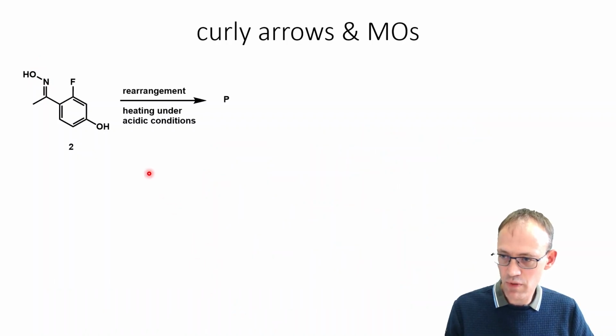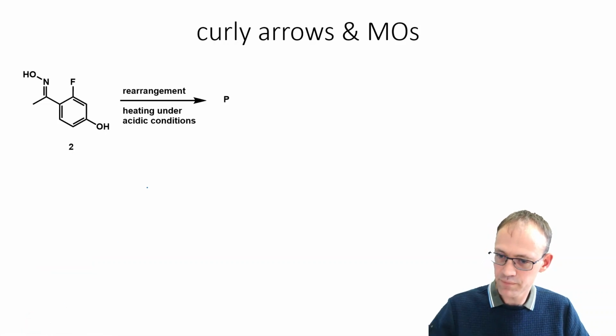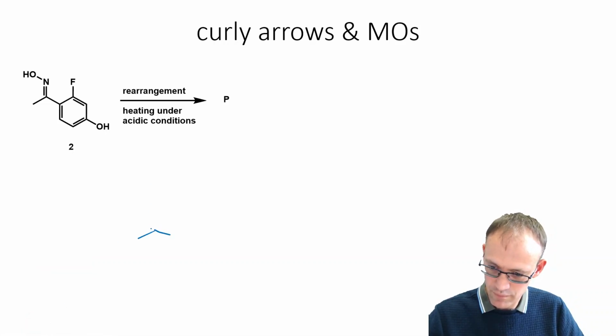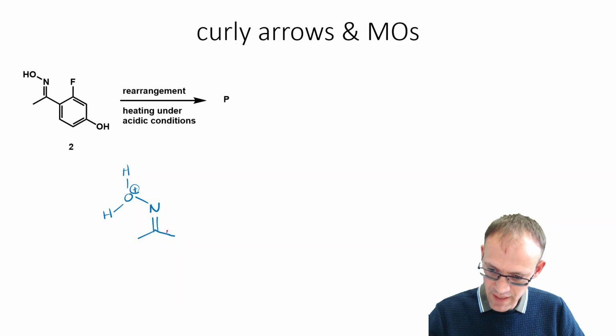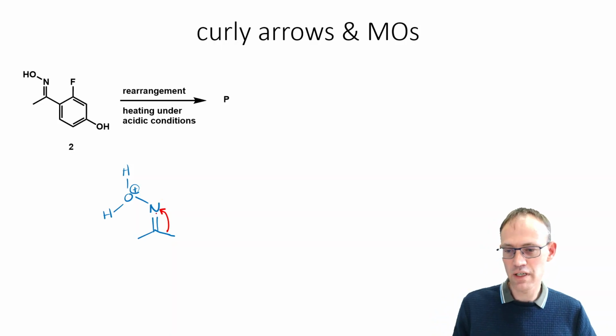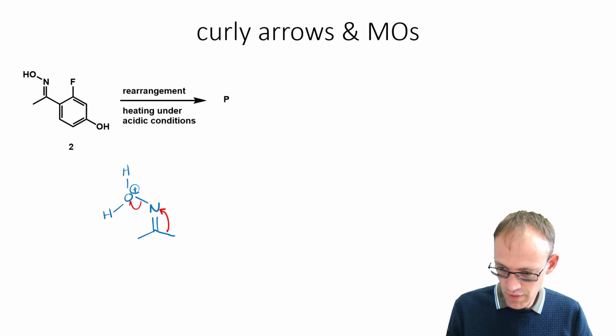So to stress that one more time, we have this system here. What we are getting is these electrons. Again, I start on the bond because that's where the electrons are, go to the nitrogen because that is where the empty orbital is, and these electrons are going to move to the oxygens.